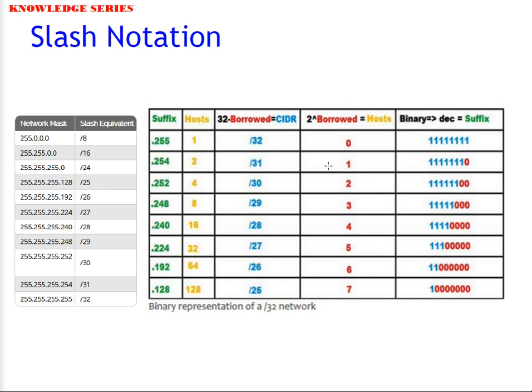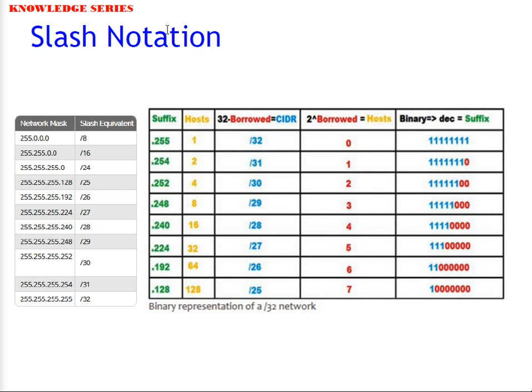Now we see the slash notation. What is meant by slash? When you see the IP address, it will be shown like this, and after that one slash will be there. Slash notation is basically a compact way of representing the IPv4 subnet mask.